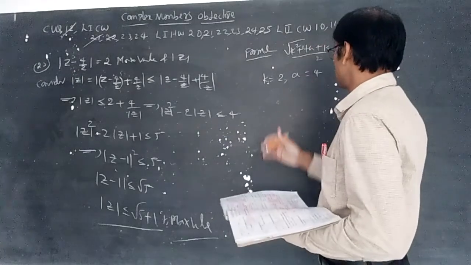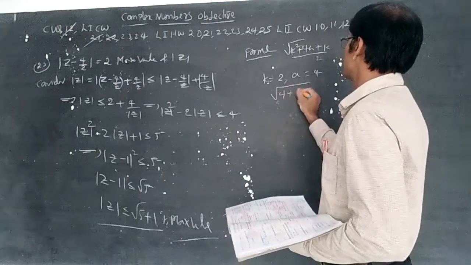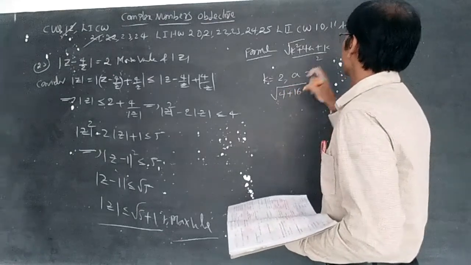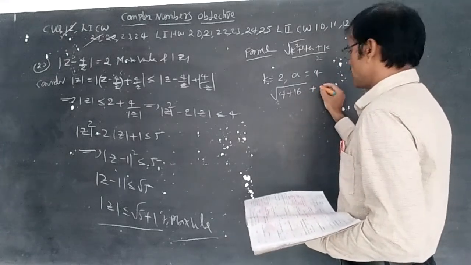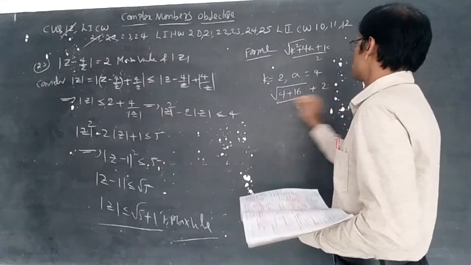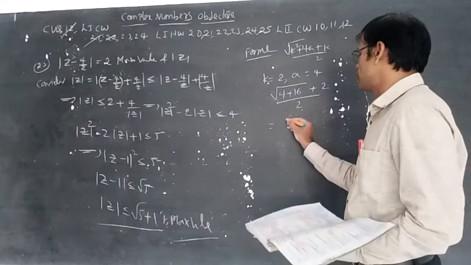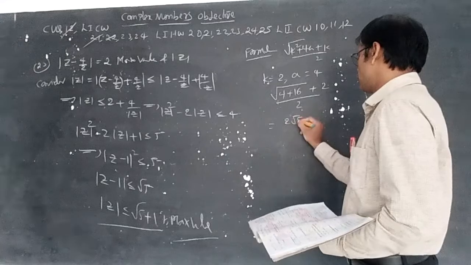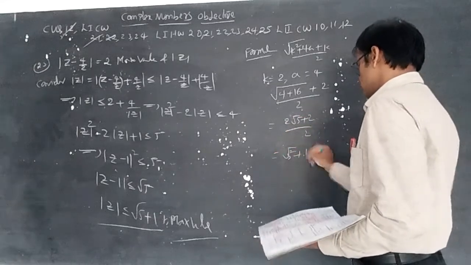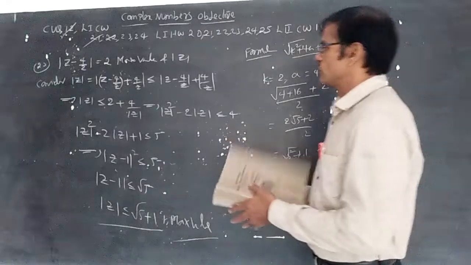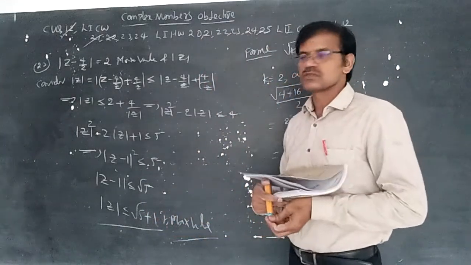What is k square? 4, plus 4 into a, 16, plus k means 2. This is 4 plus 16 means 20. Root 20 means 2 root 5. 2 root 5 plus 2, by 2. 2 taken common, it becomes root 5 plus 1. This is the formula. If you do not remember the formula, you can better use the process.